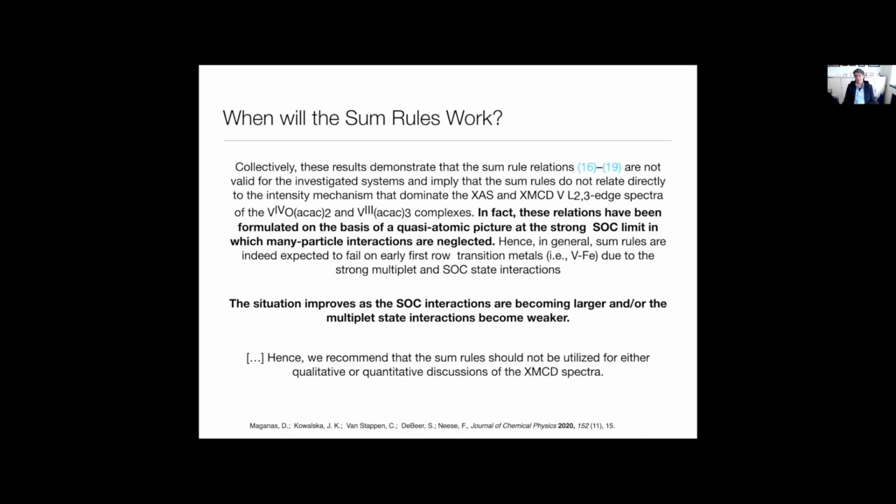So for heavier metals and rare earth systems they become much better, but for much of the 3d series, at least, we call the validity into question, and in our opinion the sum rules shouldn't be used in that context. It's a complicated, lengthy, and detailed argument that, if you're interested, you can read about in that recent paper from last year.